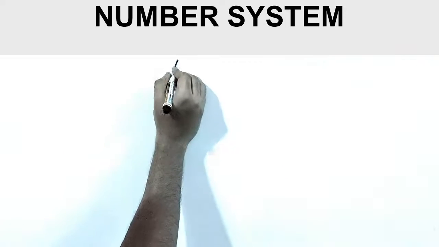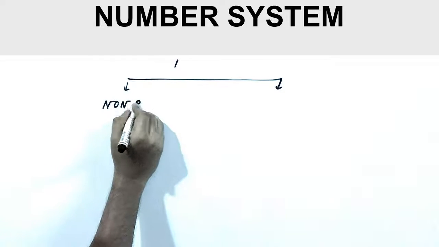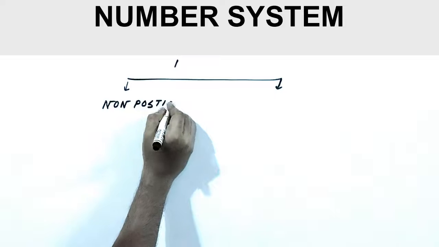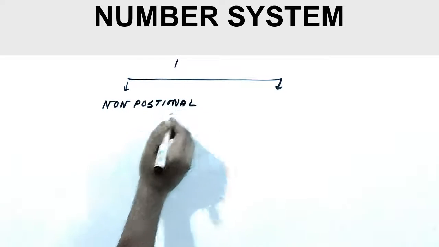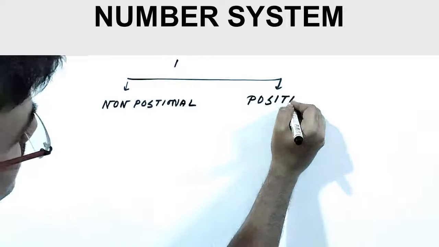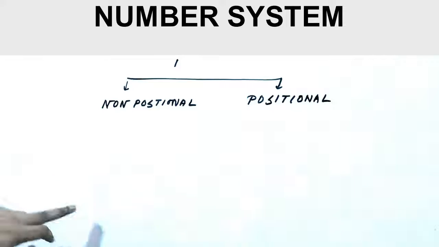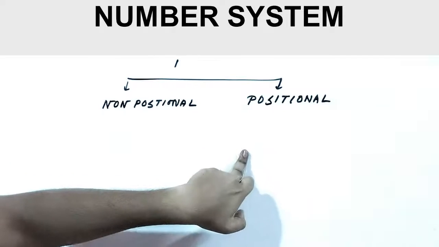Now the first thing is, number system can be categorized into two parts. The first one is non-positional number system, and the second one is positional number system. Now what do you mean by non-positional and positional number system?